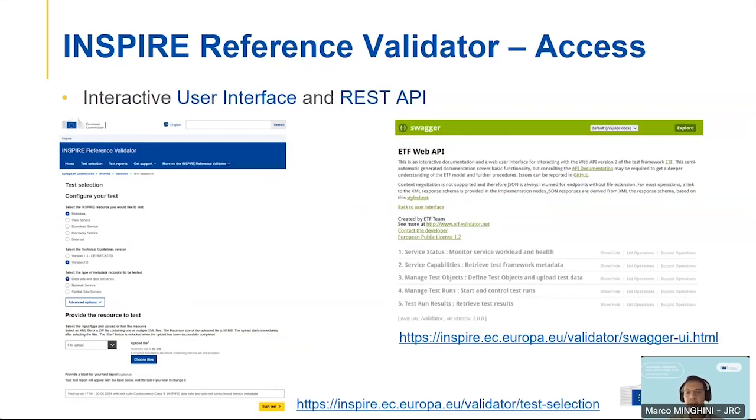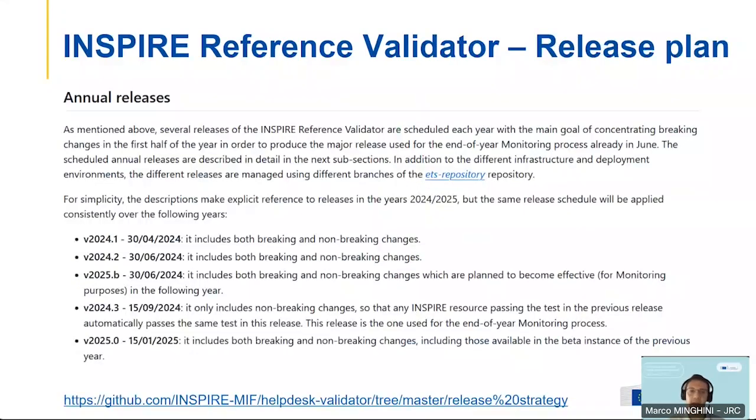As mentioned before, you can access the validator through a user interface. This is the one you see on the left, and through a REST API that you see here on the right, documented using OpenAPI. I will not go into the details because you will actually see both the UI and the API in more detail later on in the training.